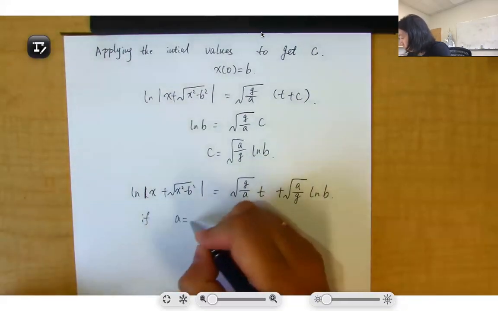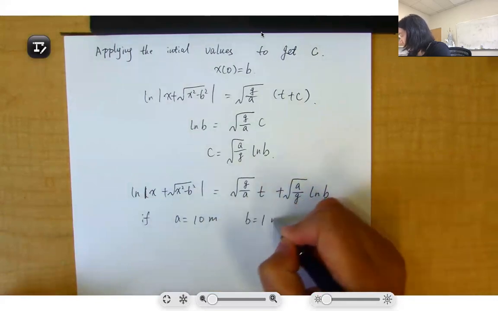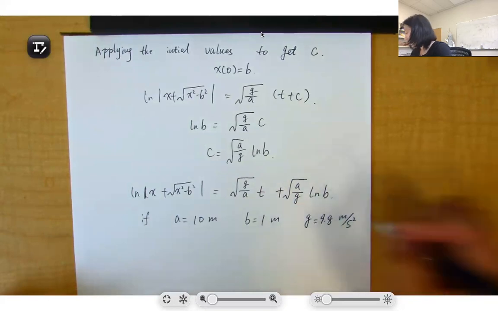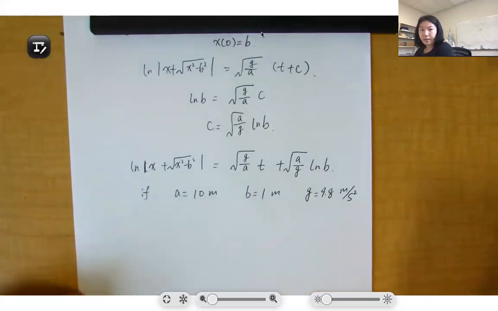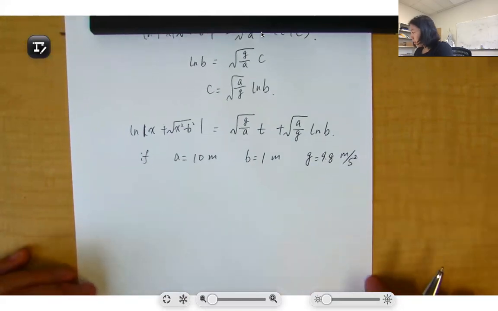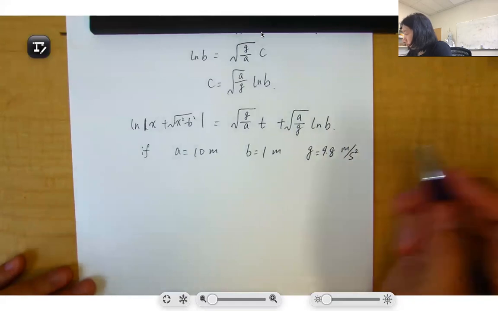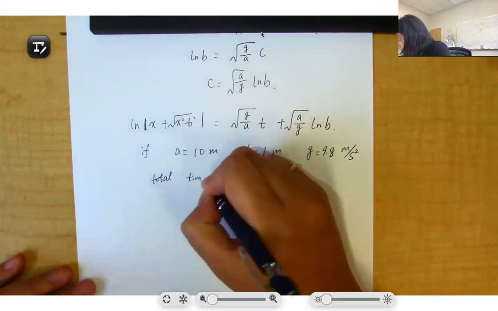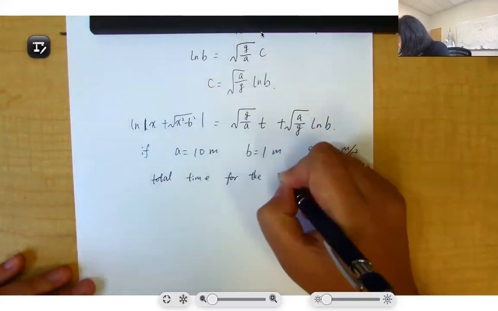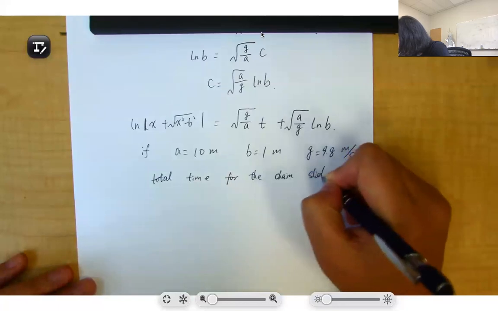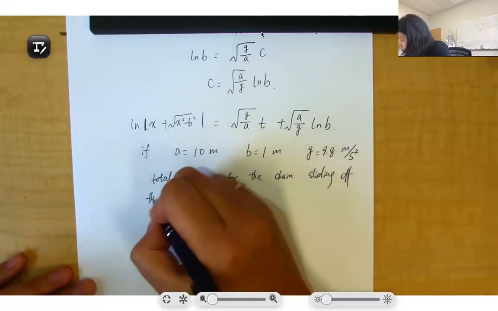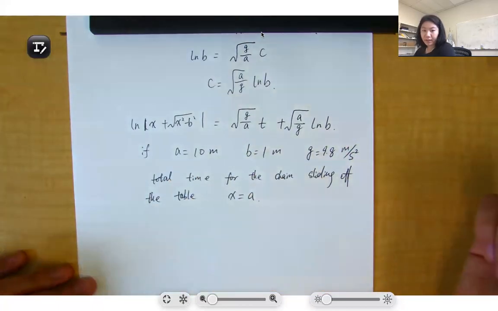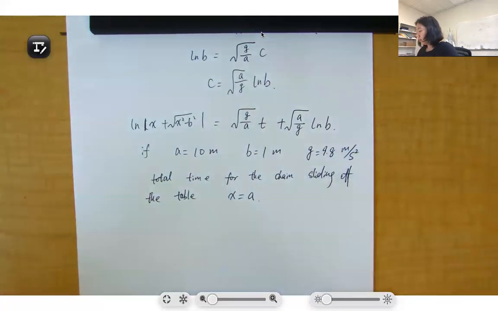If a equals 10 meters, b equals 1 meter, and the gravity constant is 9.8 meters per second squared, then we can find the total time for the chain sliding off the table, where x will equal a, because the hangover part will be the entire length of the chain.